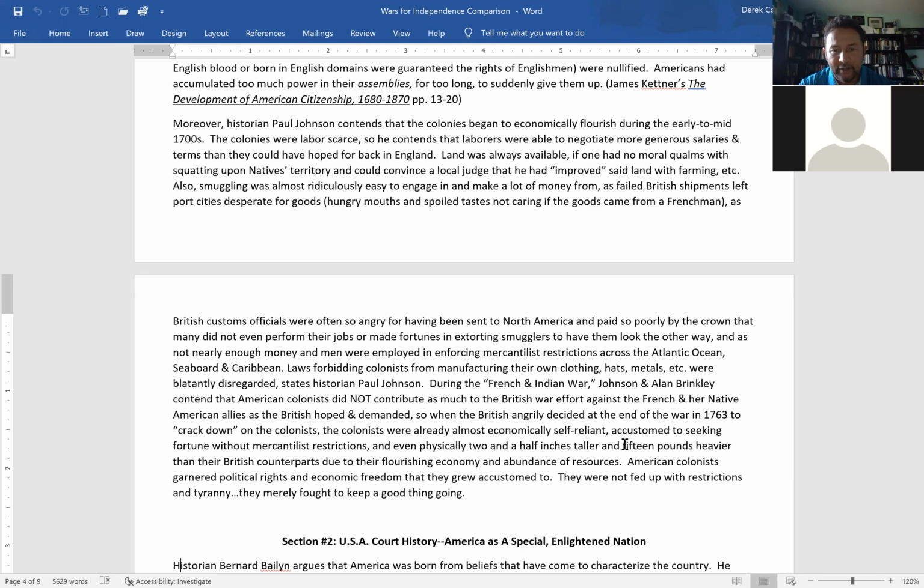So at any rate, when, of course, the English tried to crack down with the taxes, right? So, the Stamp Act, the Sugar Act, etc. The colonies began to show a sort of camaraderie that was not necessarily anticipated back in England.